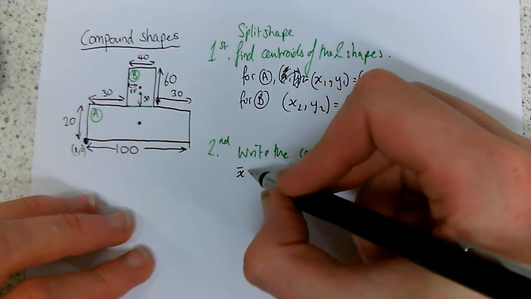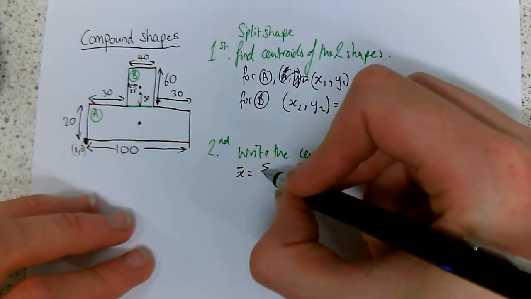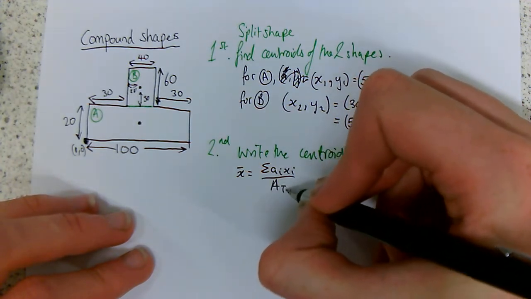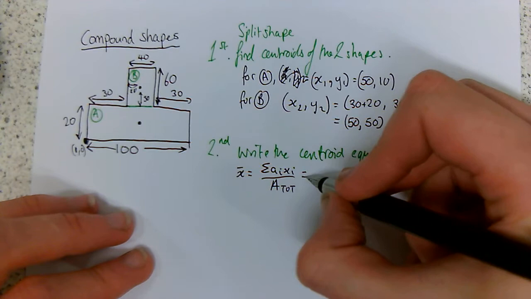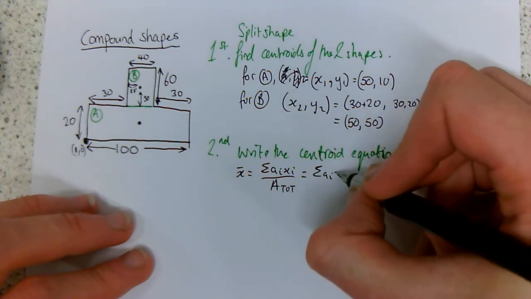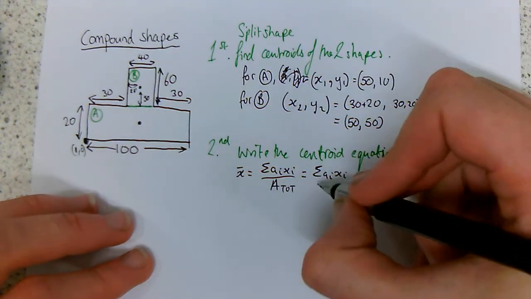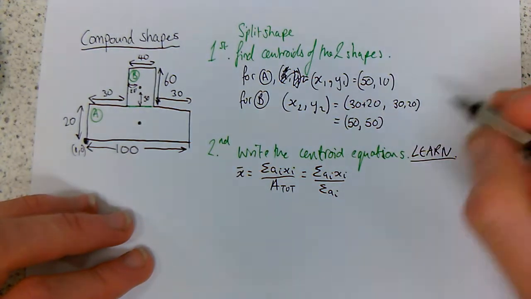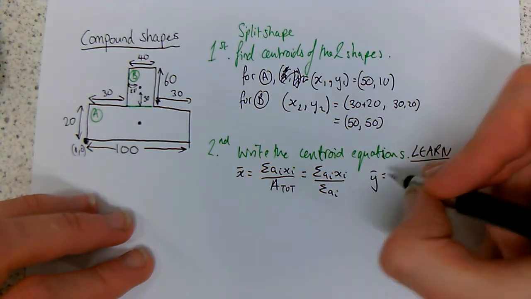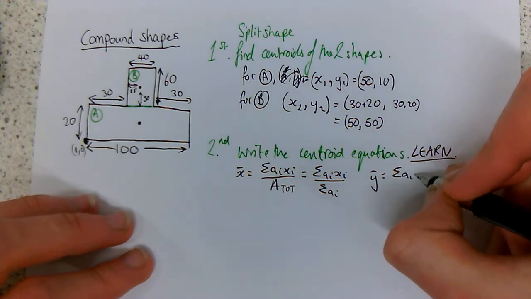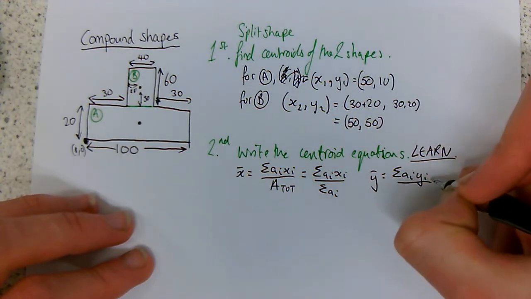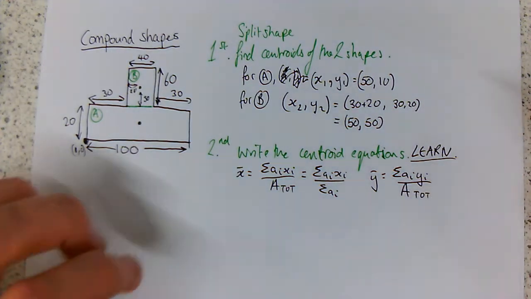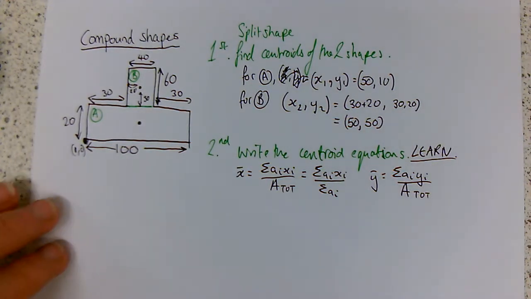They are x bar equal to sigma Ai xi over total area. You may also see this written as sigma Ai xi over sigma Ai. That just gives us our total area, and y bar is the same, pretty much symmetrical, apart from we have a y instead of an x. I tend to use total area because it's easy to remember what we need.